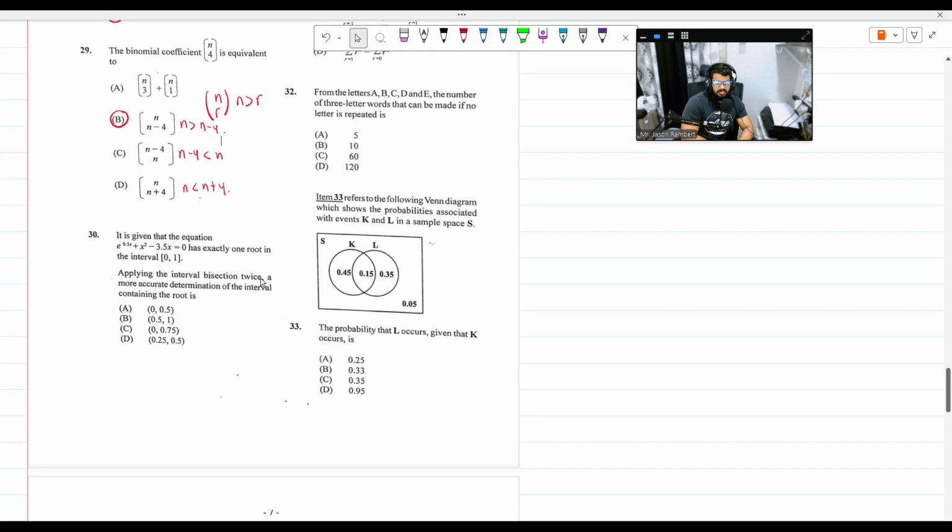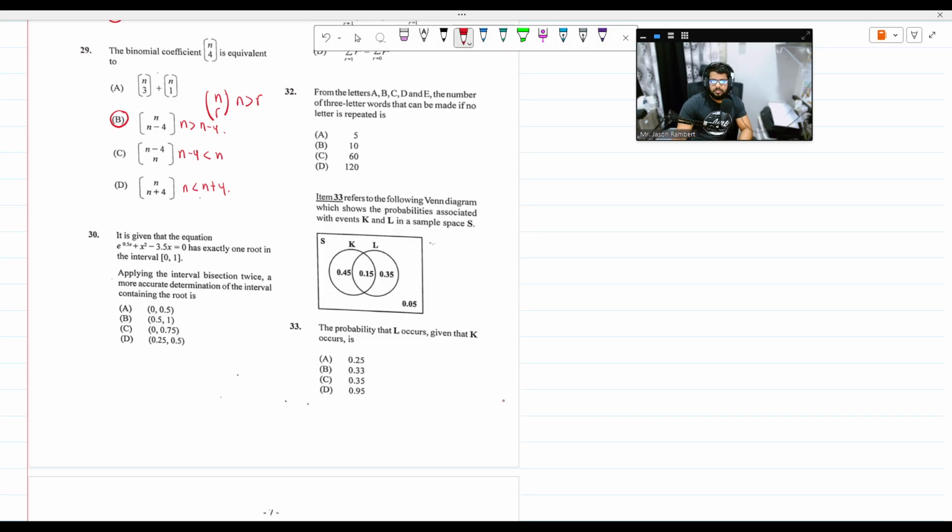It is given that the equation has exactly one root in the interval. By performing interval bisection twice, the more accurate determination of the interval, very important, they want to know what the interval is containing the root.